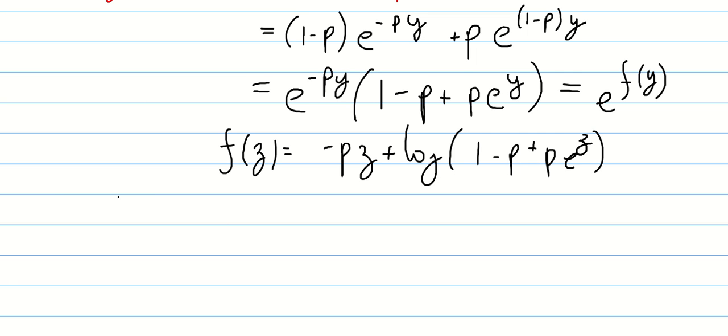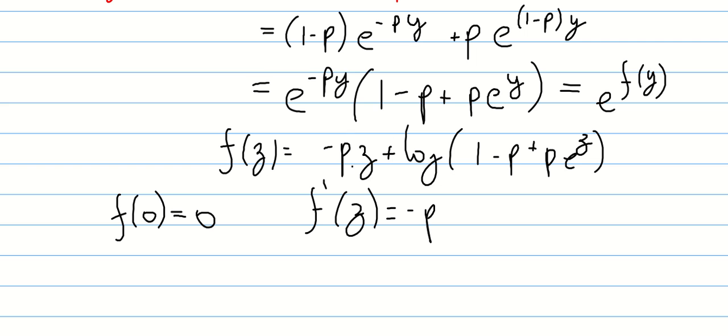First we take the value of the function at 0. This is going to have a 0 here, and this e to the 0 is going to give 1. P minus P is 0. Log of 1 is 0, so this is 0. Then you take the derivative as a function of z, and this is going to give us minus P from here, plus the same denominator, 1 minus P plus P e to the z, and in the numerator the derivative of this with respect to z, which is P e to the z.